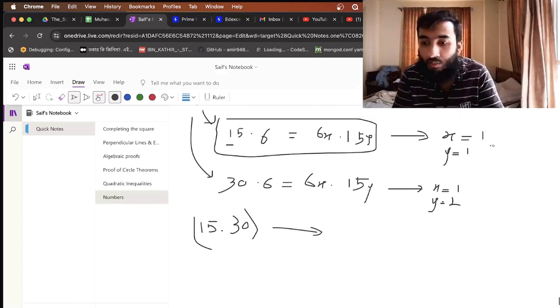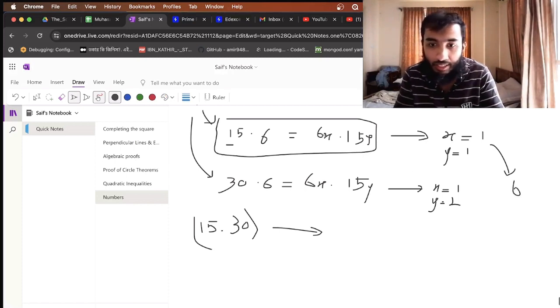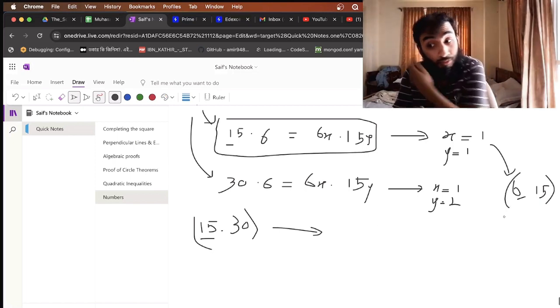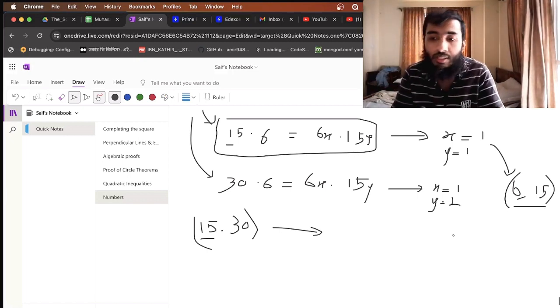So if x is 1 and y is 1, what are the two values? 6 and 15. So if we take the LCM as 15, which is a multiple of 15, then the two possible values are 6 and 15.